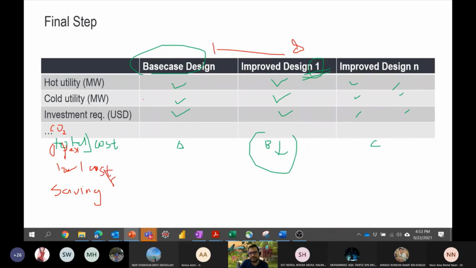So we make tables like this. The utilities are not really important because they don't want to see this. We need to know money and CO2 emissions. So we have our investment data, our OPEX data, our total cost data, and our savings data.